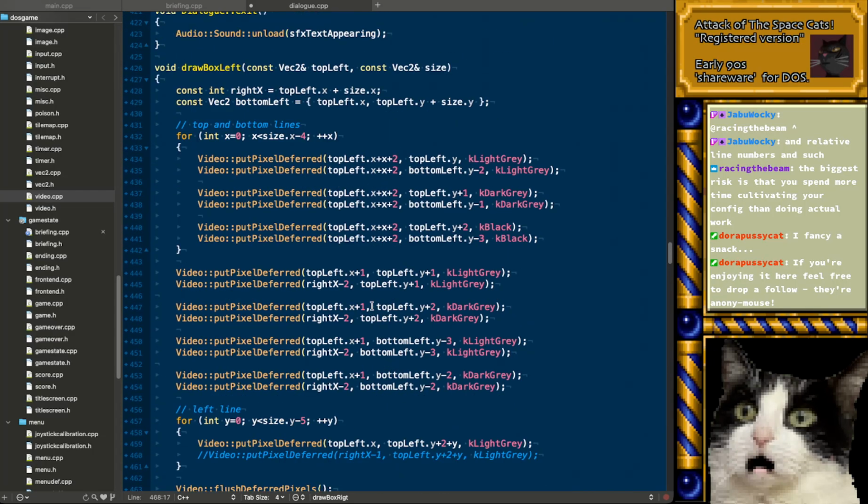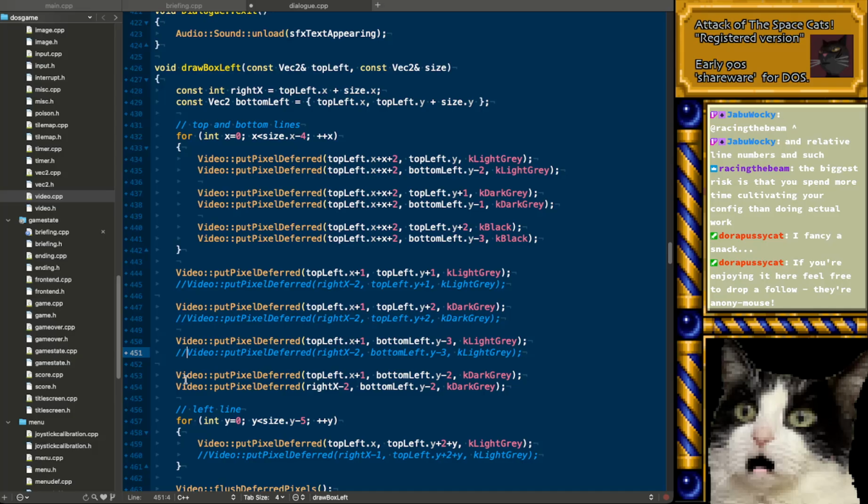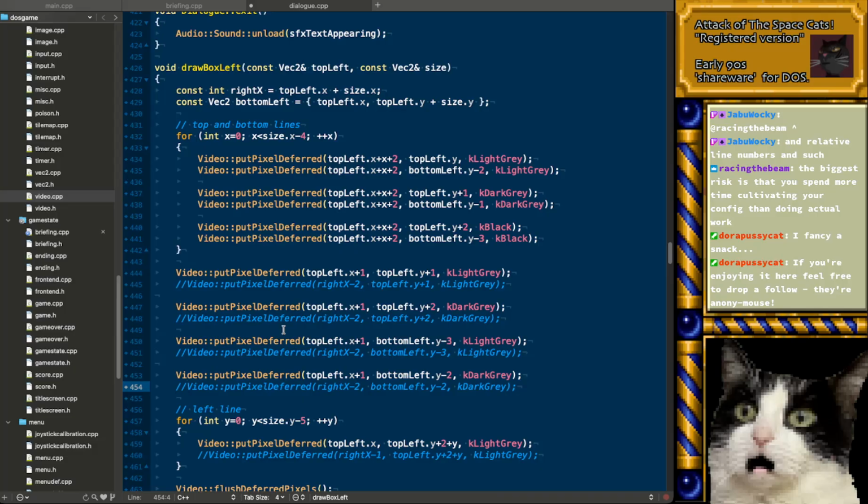I've forgotten something here, haven't I? We are drawing the right-hand corner as well with this code, and we don't want to be. Yeah, that makes sense. Okay, get rid of those.